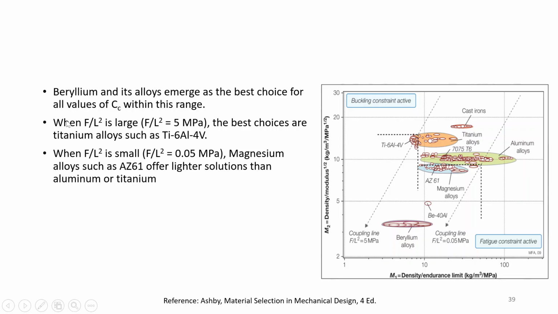When F upon L square is large, 5 MPa, the best choice are titanium alloys such as Ti 6Al 4V. When F upon L square is small, 0.05 MPa, magnesium alloys such as AZ61 offer lighter solutions than aluminum and titanium.